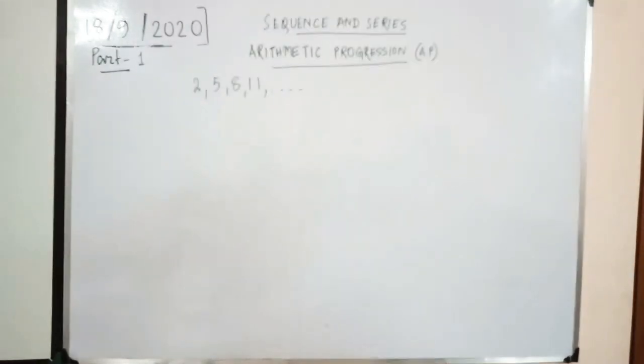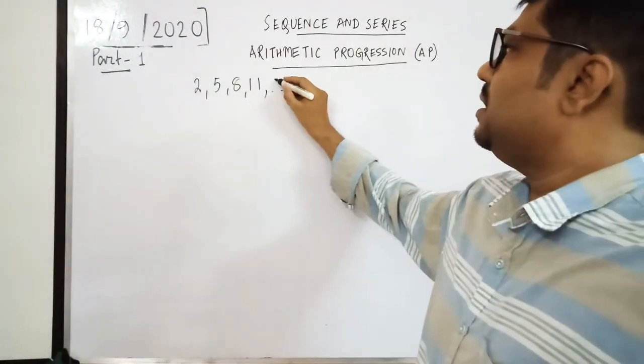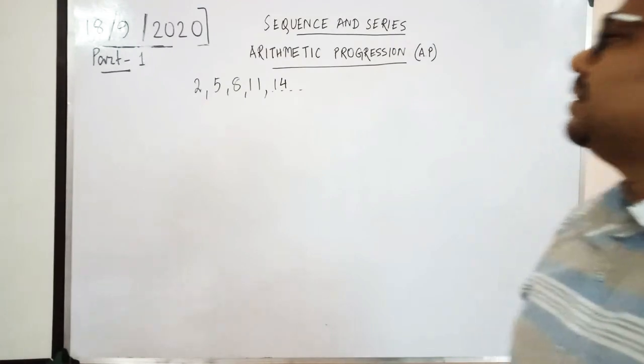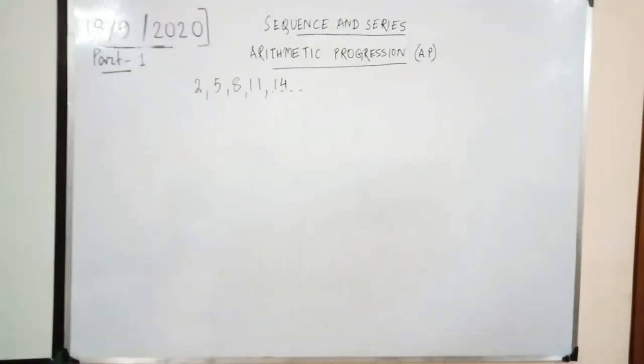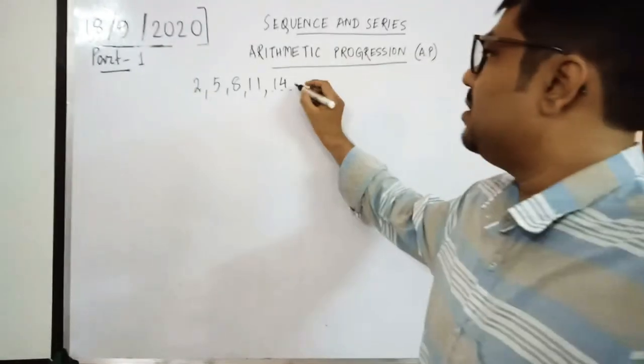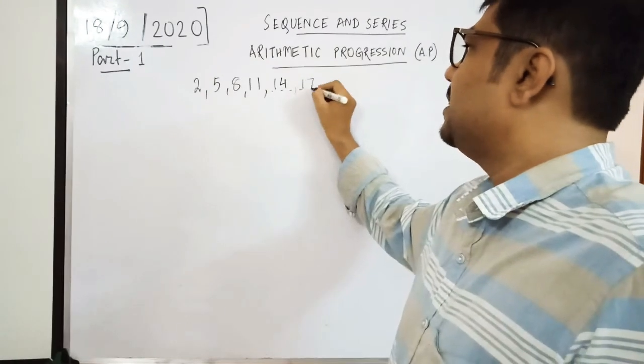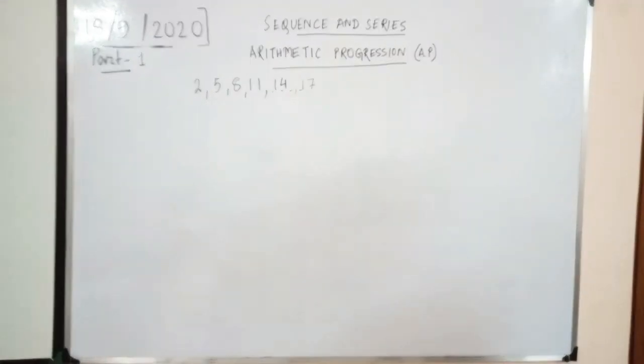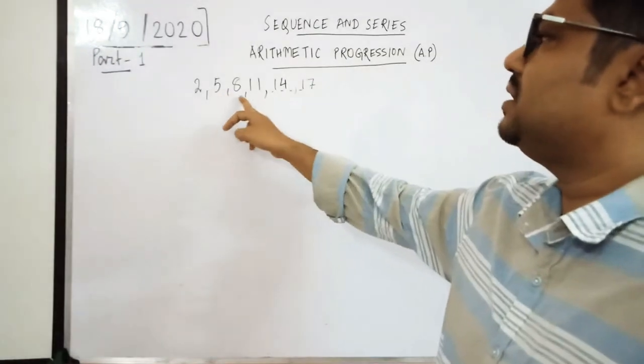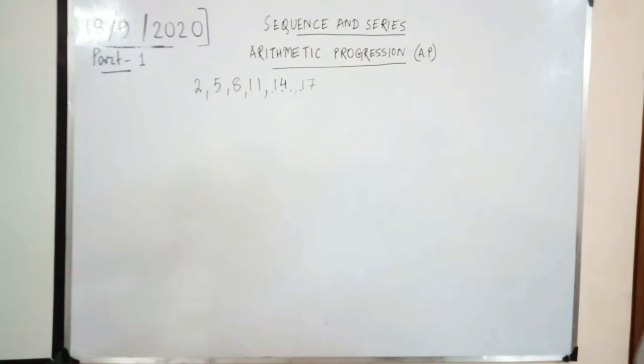So, you can say that after 2, 5, 8, 11, it will be 14, or after that 17. That means we always know the nature and the pattern of the series. So, 3 is added to each of the terms to get the next term. So, that is an arithmetic progression.